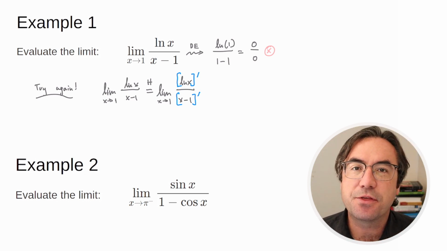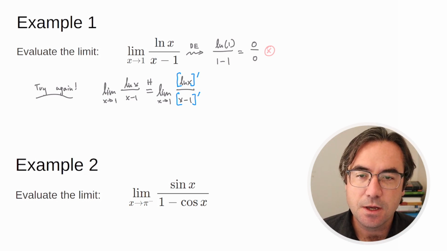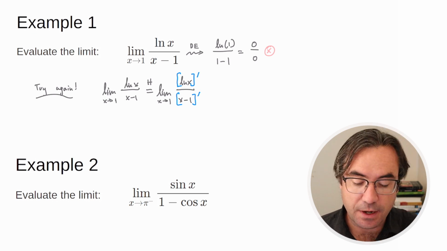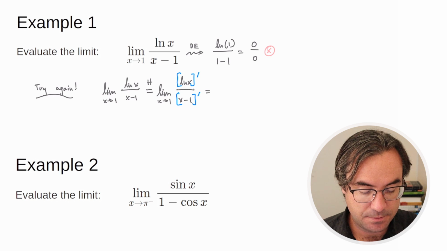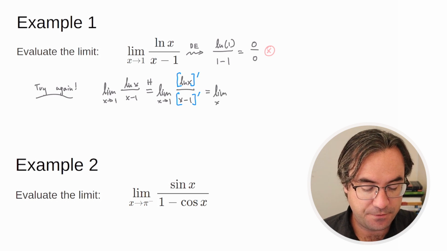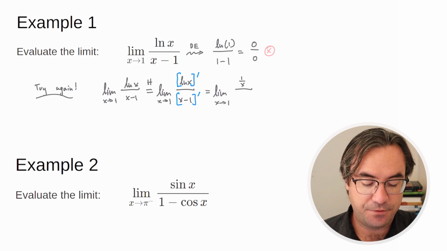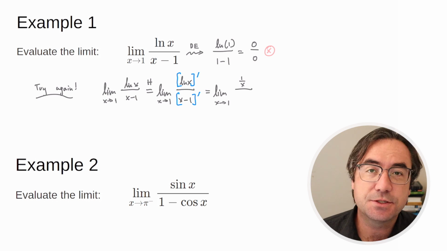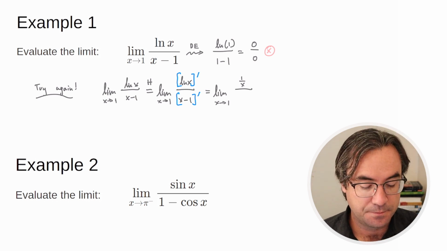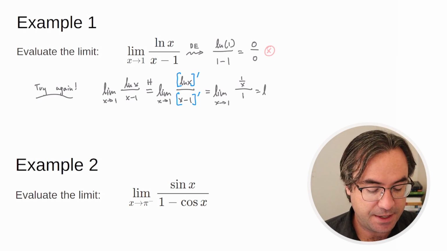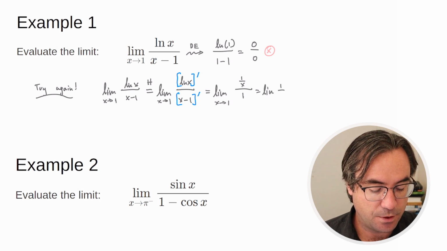This is a separate thing that we're doing here. All right, so now we differentiate. The derivative of natural log is just 1 over x, and the derivative of x minus 1 is just 1. And this simplifies to the limit of just 1 over x.